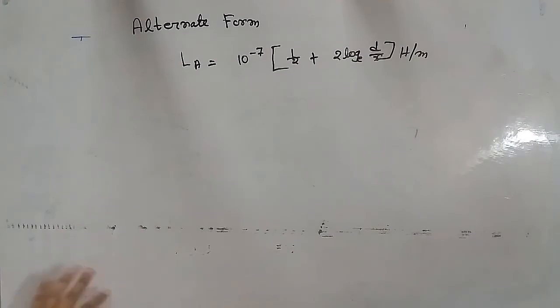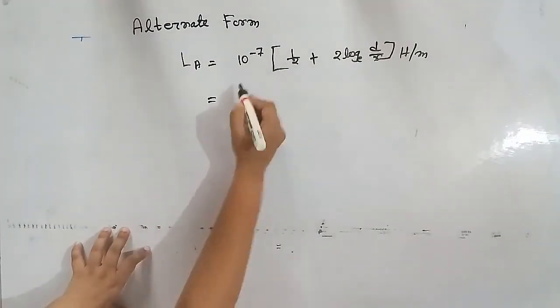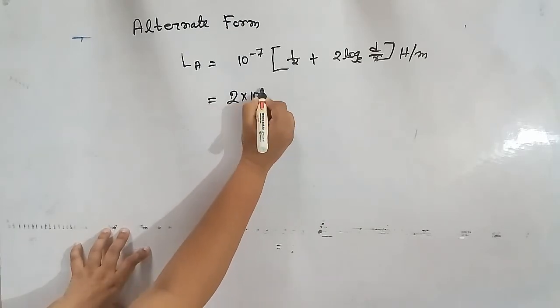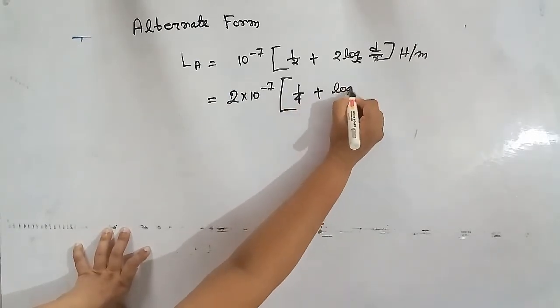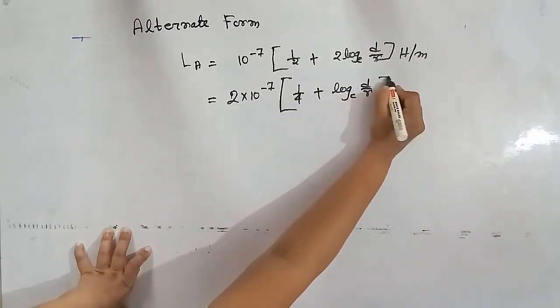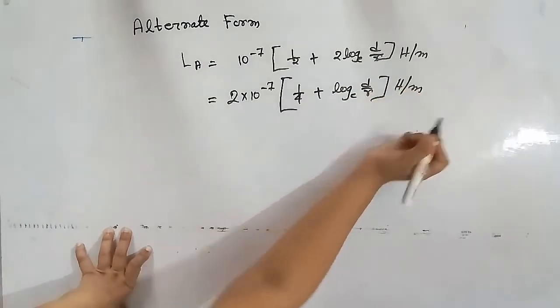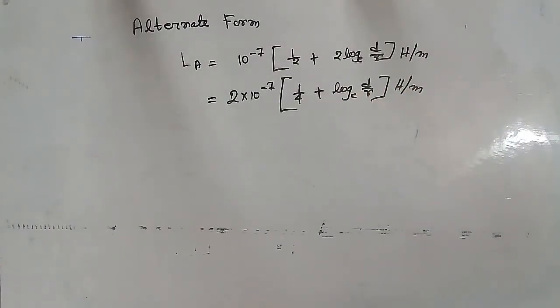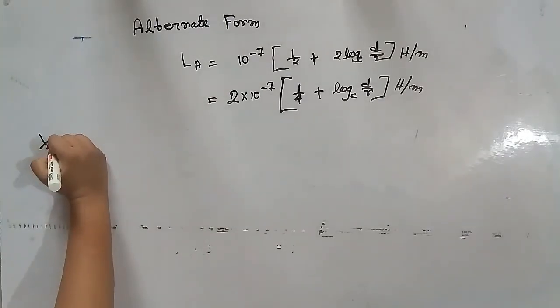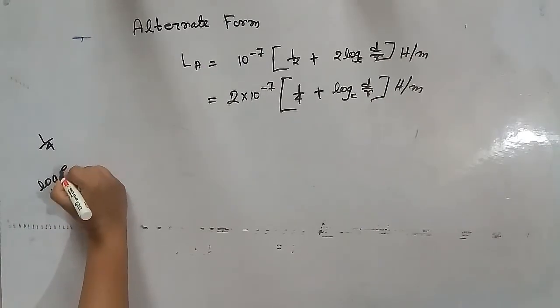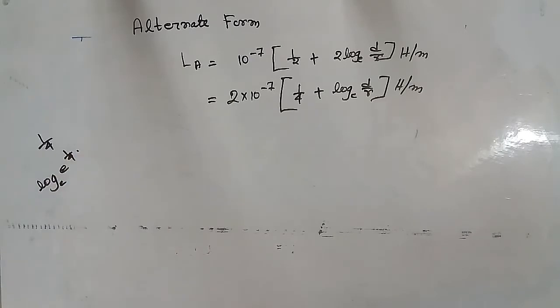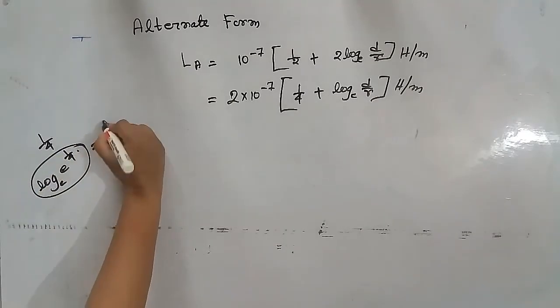Now taking 2 common, LA can be written as 2 × 10^-7 (1/4 + log_e D/r). Now 1/4 can be written as log_e e^(1/4), which is equal to 1/4.